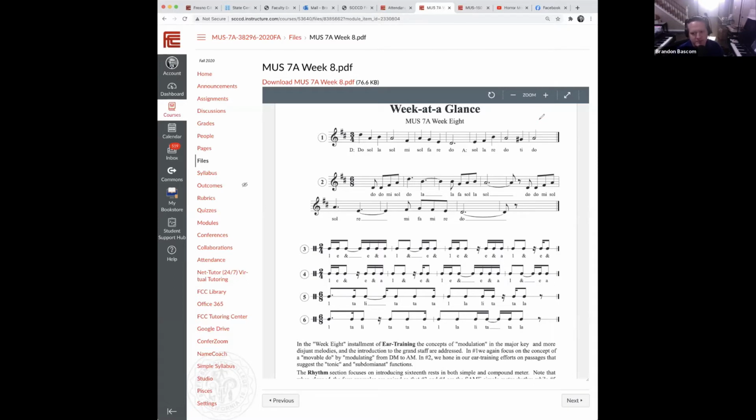This is preparing you for real life stuff, because this comes straight from a song in a hymn book, from the literature. You're going to have temporary key changes like this, and then bam, you're right back to the original key. Cool? Anything else we need to be worried about with this example?